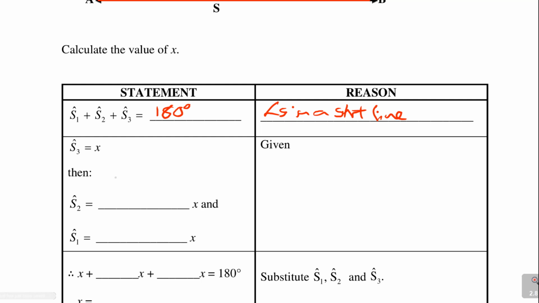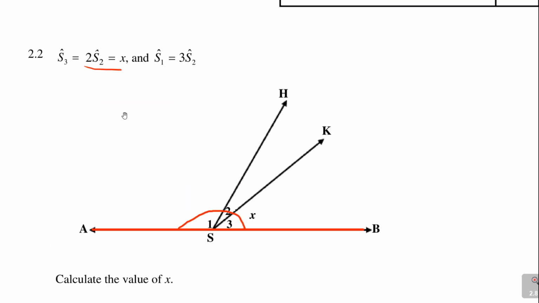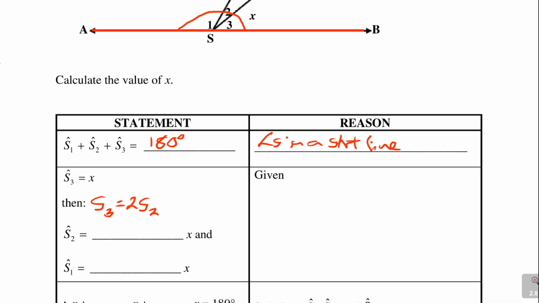You can write this to say S2 is equal to, but we have a statement to say S3 is equal to 2S2. You see that? There it is. S3 is equal to 2S2. But this is equal to what? This is equal to X. So what you have here, if you can now divide by 2 here, because you want to get rid of that 2, you divide by 2 here, you will get rid of that.